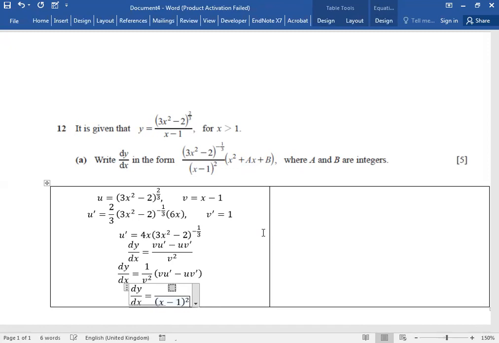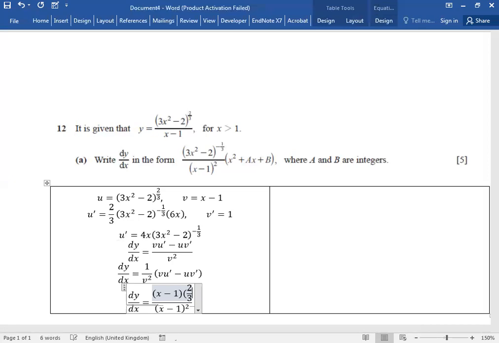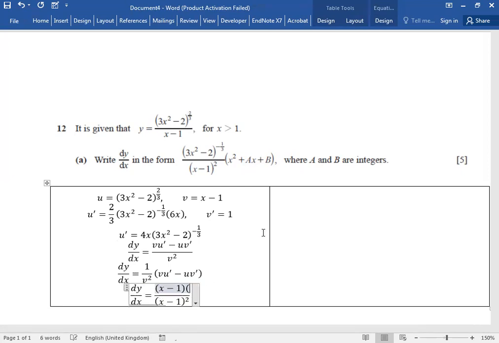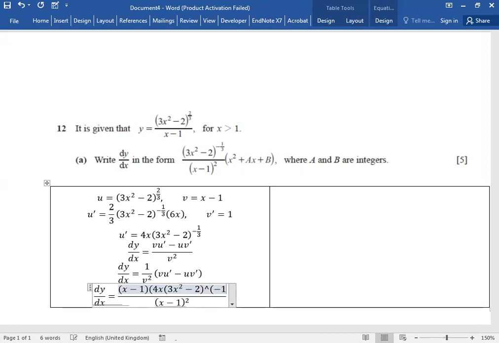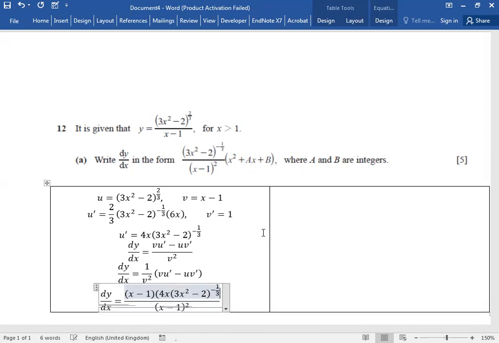In the numerator, v is x plus 1 into the derivative of u, which is 4x into 3x square minus 2 to the power negative 1 upon 3, minus u, which is 3x square minus 2 to the power 2 upon 3, and v dash is just 1.